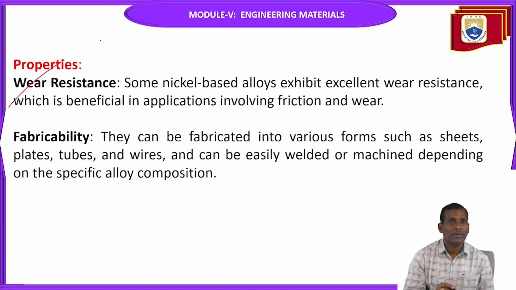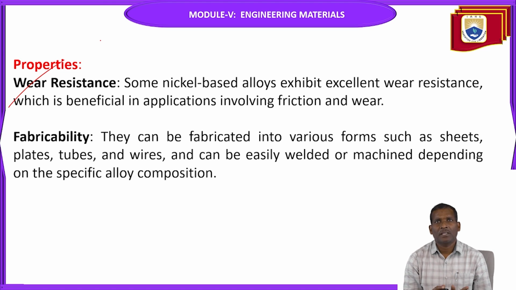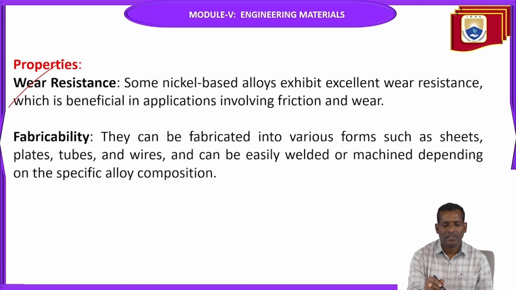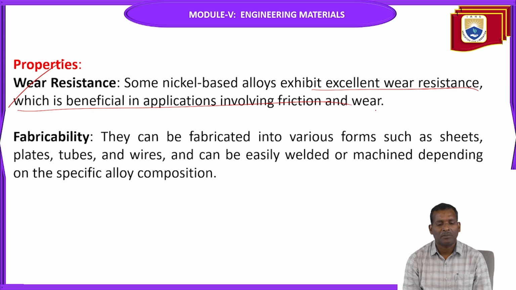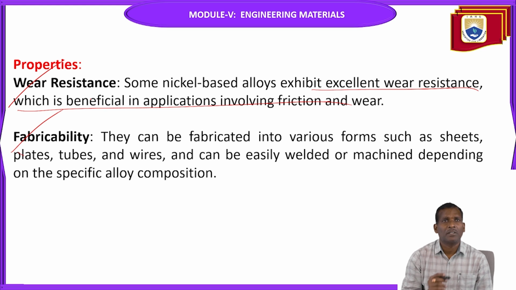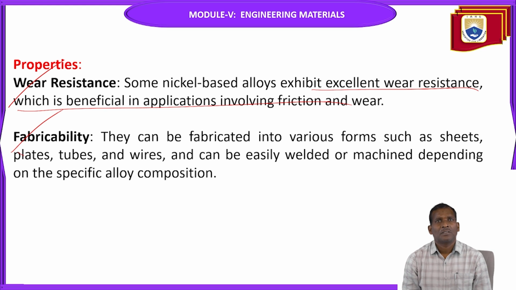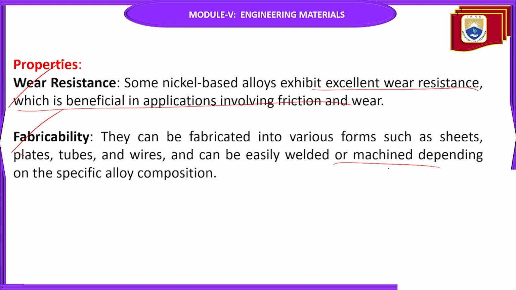Another property is wear resistance. Some nickel based alloys exhibit excellent wear resistance, which is beneficial in applications involving friction and wear. Fabricability. They can be fabricated into various forms such as sheets, blades, tubes, and wires, and can be easily welded or machined depending on the specific alloy composition.